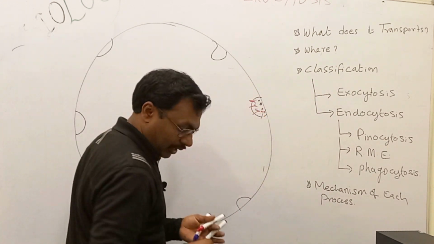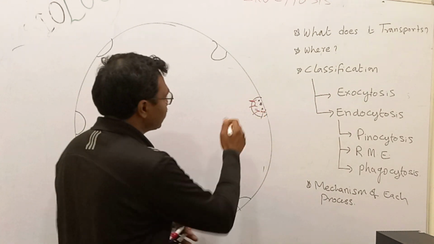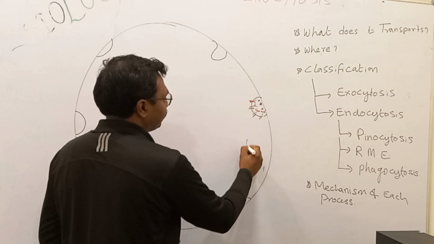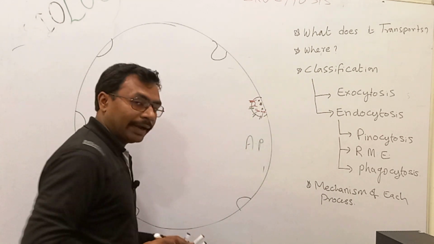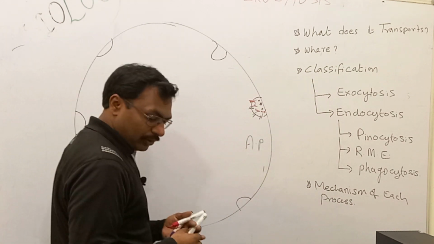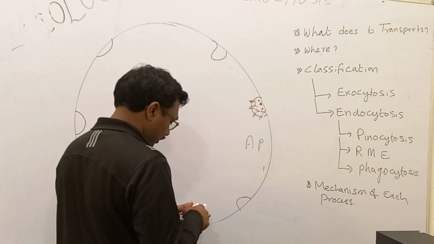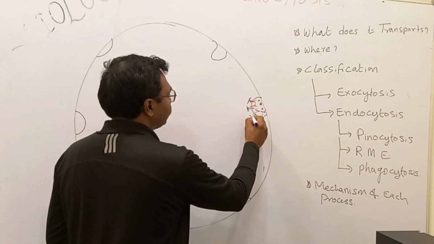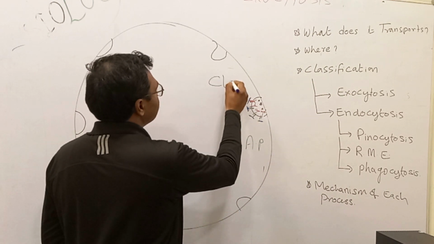Just below the receptor, we have a special protein called adapter protein. Just below that adapter protein, we have a very special protein called clathrin.